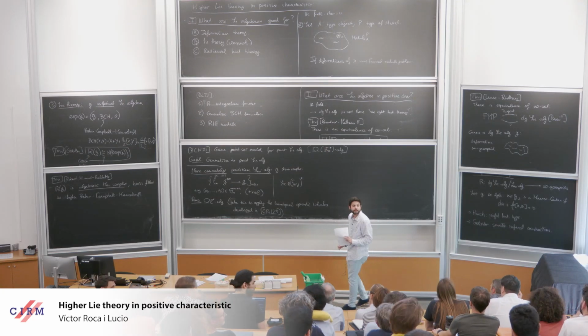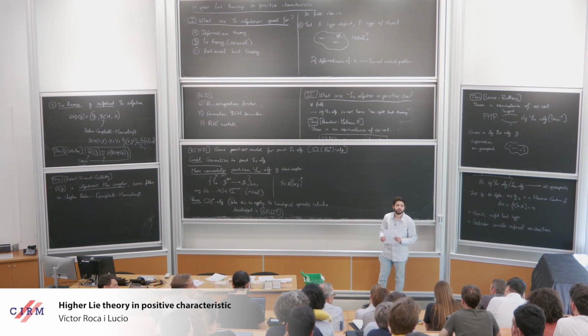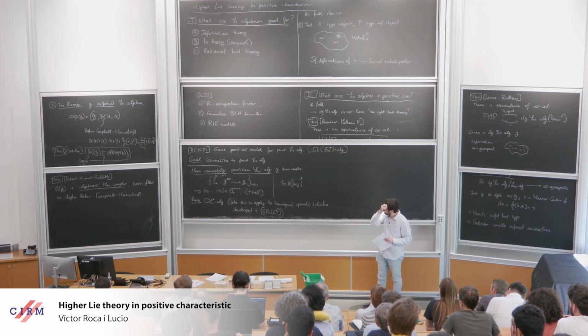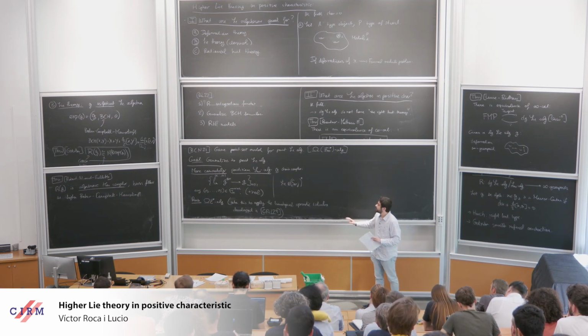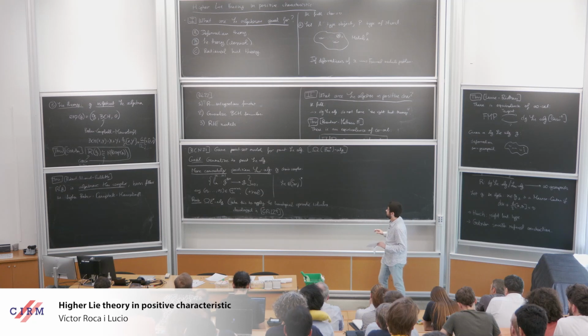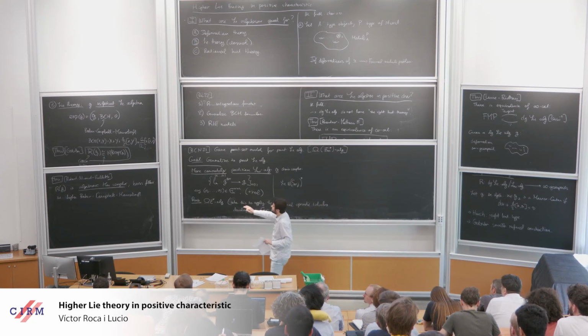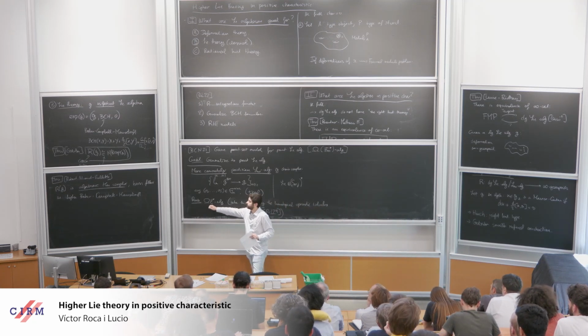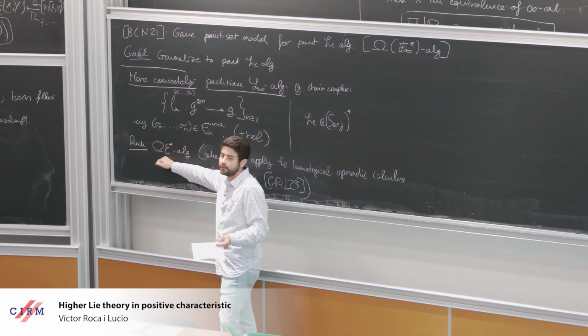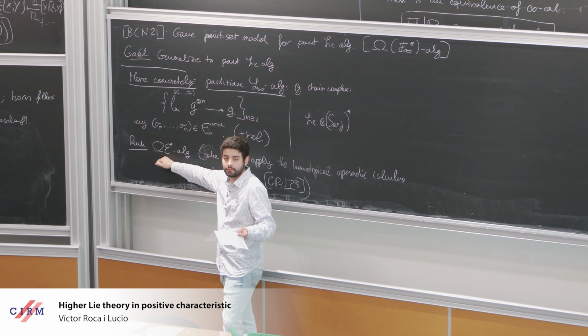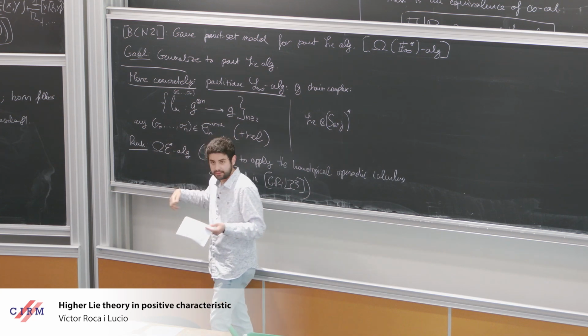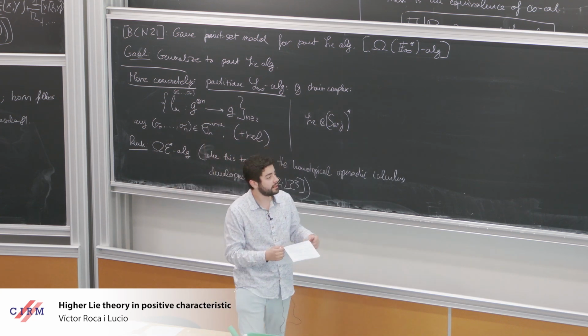And do you take the linear dual? No. What happens is that the Barratt-Eccles operad is projective as an S-module. When you take the linear dual, you get something injective. When you take cobar of that, it's still injective. Why is that important?